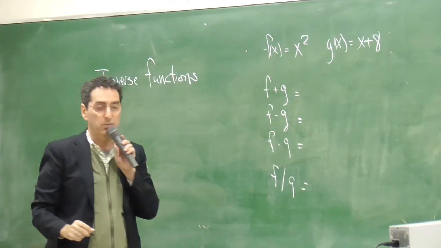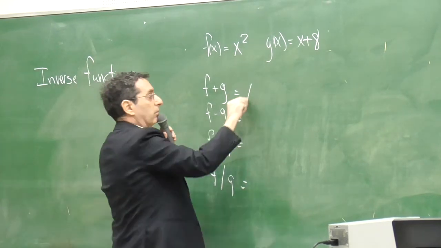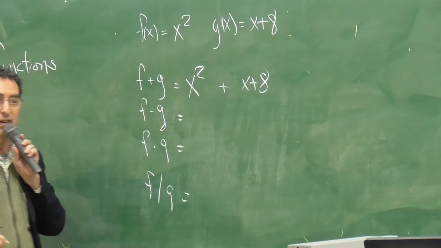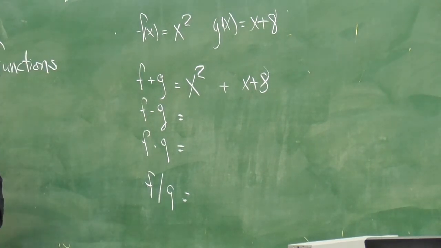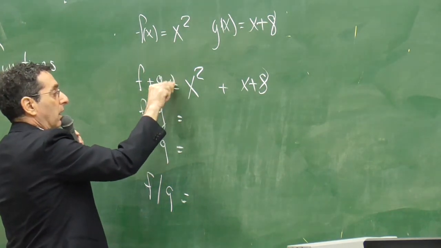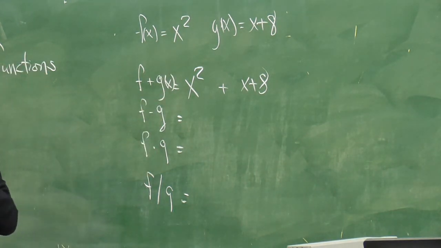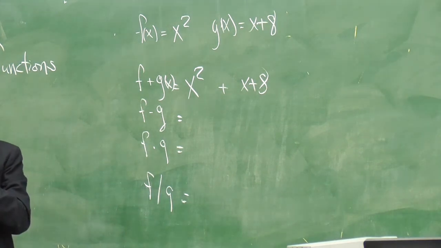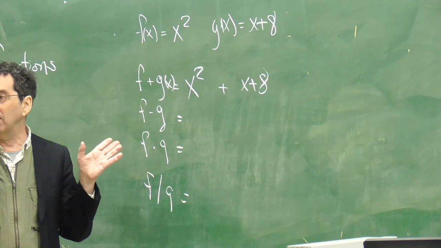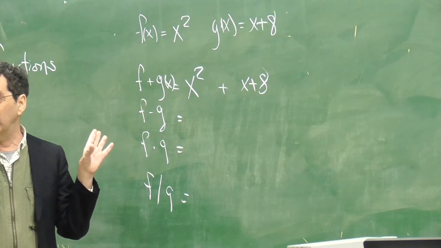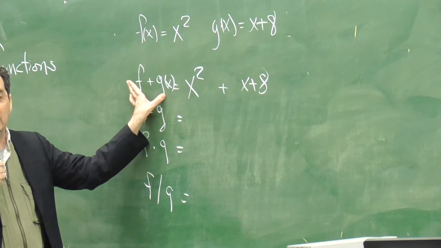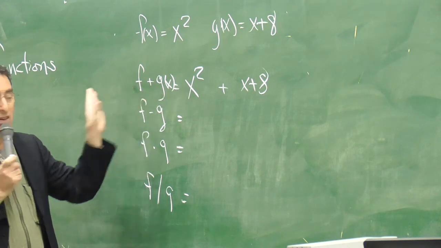So f plus g is what? Okay, that's f plus g. Now that notation is a little bit confusing, right? It looks like f plus g of x, but that's not. I want f plus g as a function. So I want somehow to indicate that this is the name of the function, f plus g.